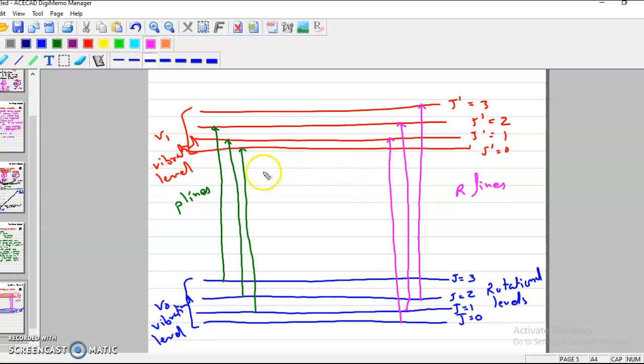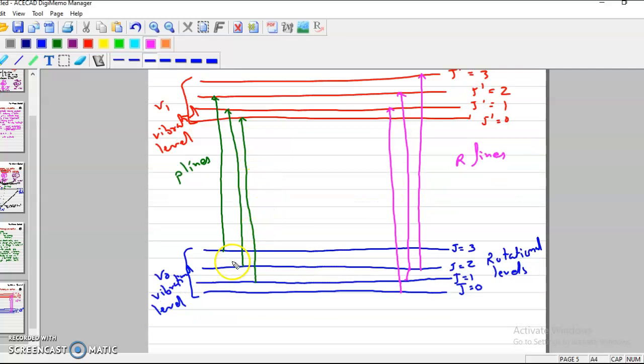So this way we get a bunch of lines because of this change or absorption of infrared. So here vibrations change from V0 to V1. So molecules move from V0 to V1 simultaneously from some rotational levels to some different rotational levels. And all this will produce bands. And these bands are called infrared spectra.